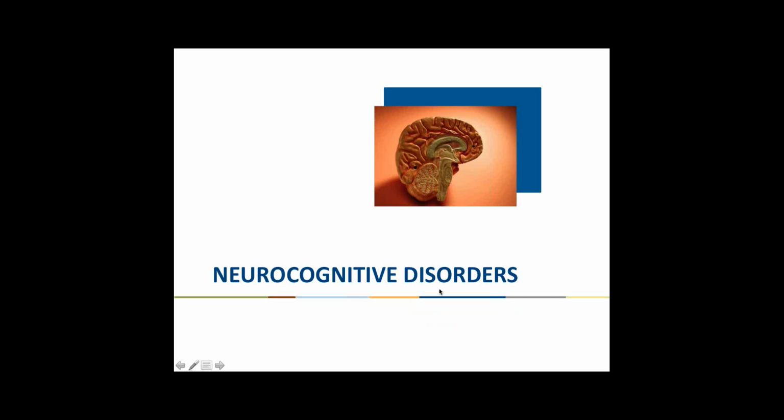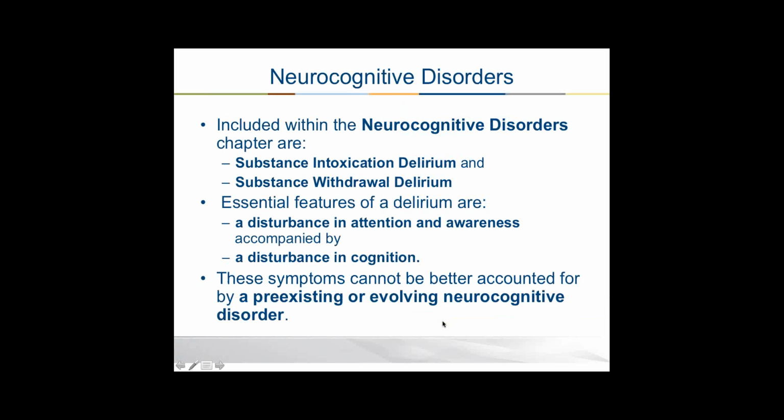This chapter includes Alzheimer's disease, which is typically very stigmatizing, and it includes a number of substance-related disorders as well. So it includes, for example, substance intoxication delirium, substance withdrawal delirium, and I will talk about those.